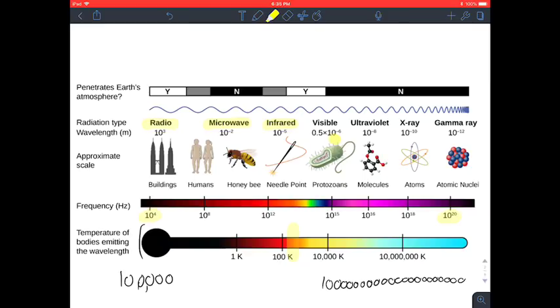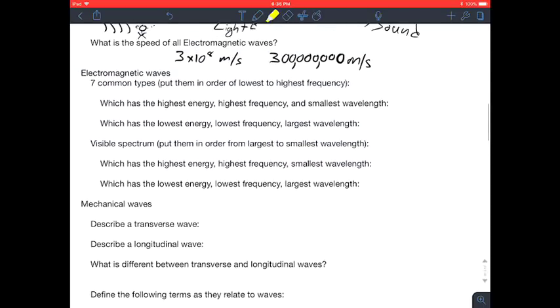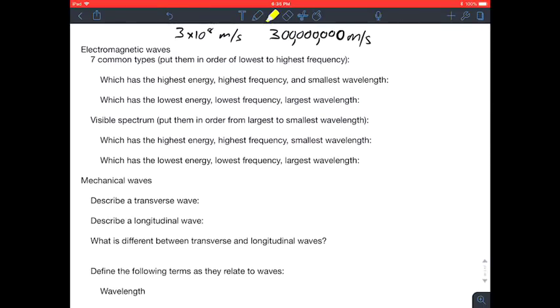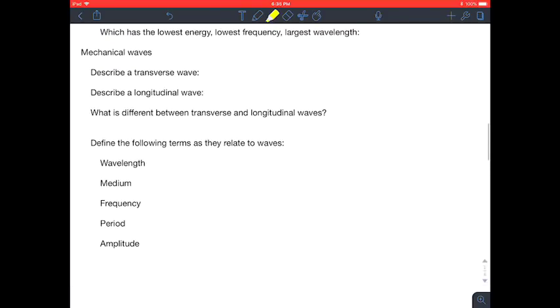Then we have our visible light, our ultraviolet, which is higher than violet, our X-rays, and our gamma rays, those very, very high frequency EM radiation. The highest energy, highest frequency, smallest wavelength, that's going to be our gamma rays right here.